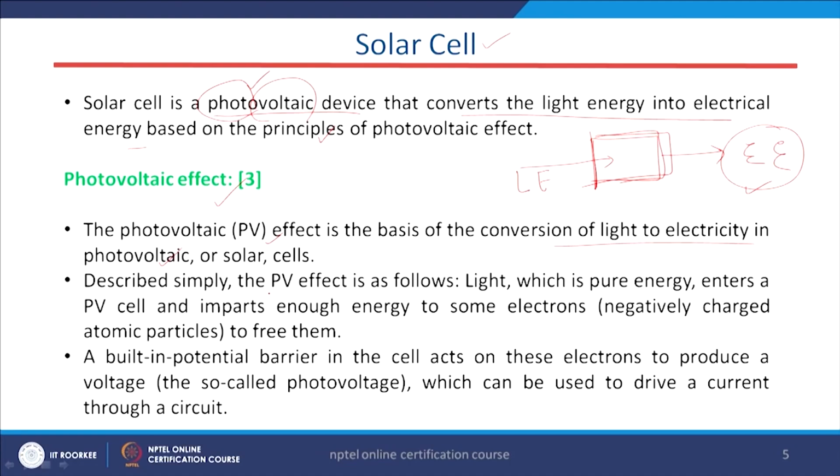Simply, the PV effect is as follows: light, which is pure energy, enters the PV cell and imparts enough energy to some electrons, which are negatively charged atomic particles, to make them free.